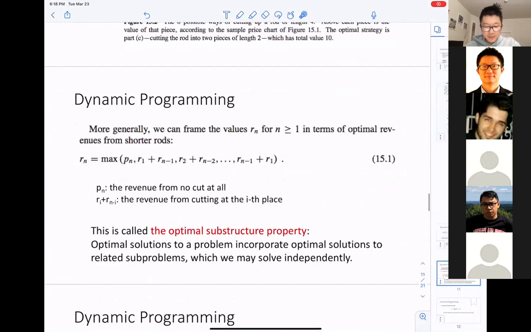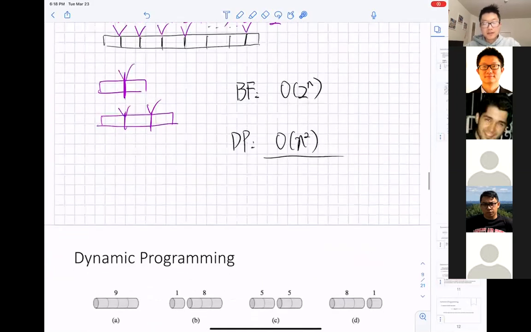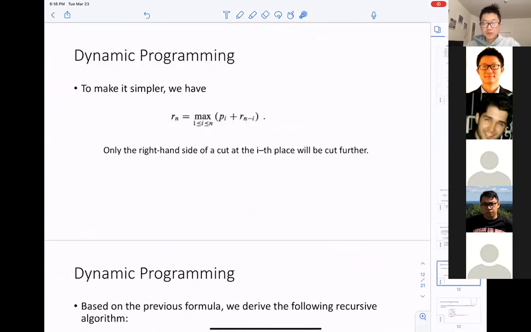Okay, and then let me explain one mathematical equation for you. This equation was developed by mathematicians, those genius people. Basically, they use this equation to calculate the highest revenue for a rod of length n.